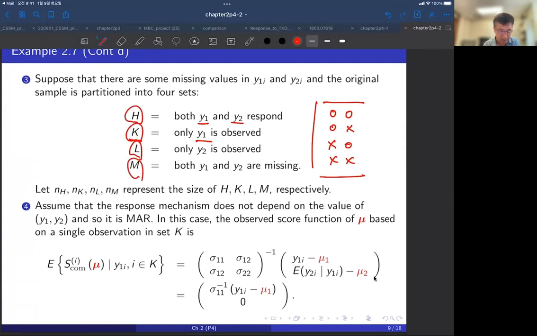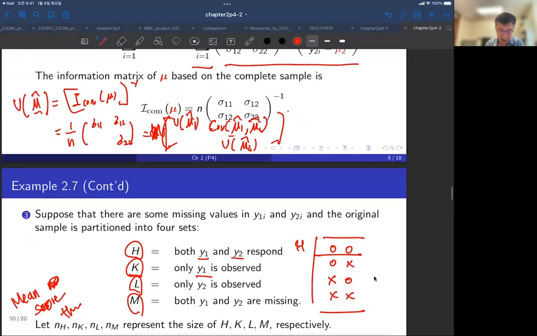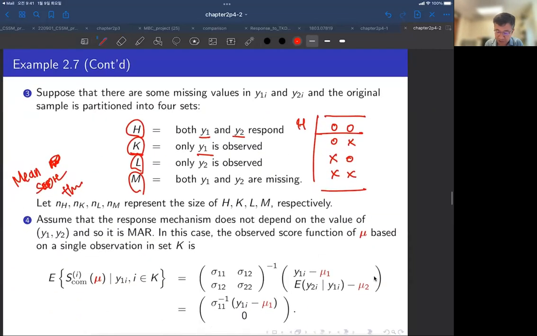And then let's consider, we use the mean square theorem. The idea is to use the mean square theorem to compute the observed score function. So the H set, no problem, right? We observe everything, so in the H set we don't have any loss of information.